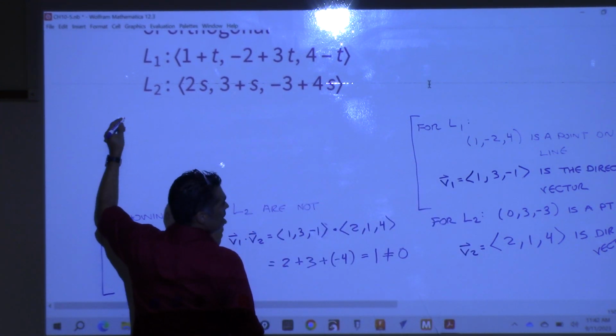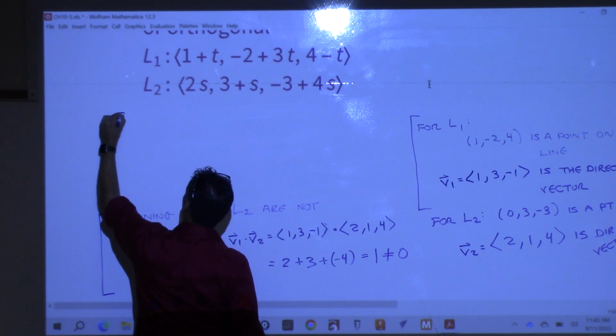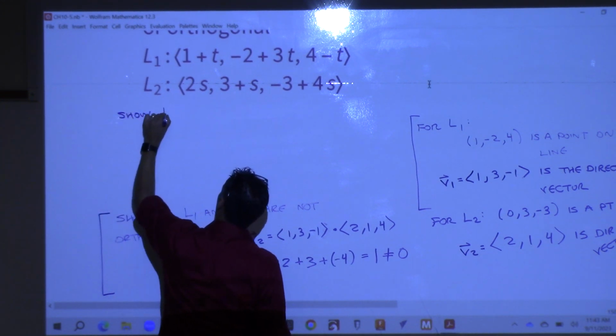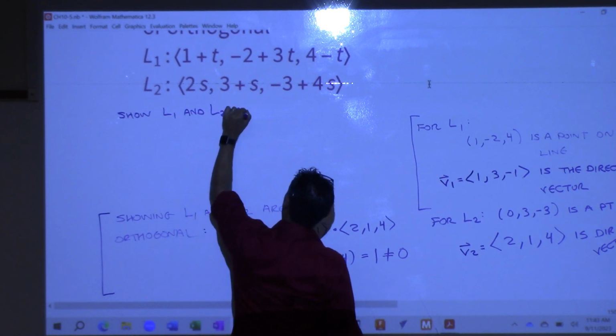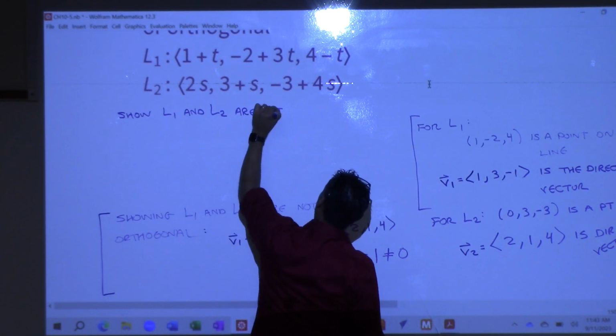Okay. I'm also going to put here, I'm going to try and show that L1 and L2 are not parallel.